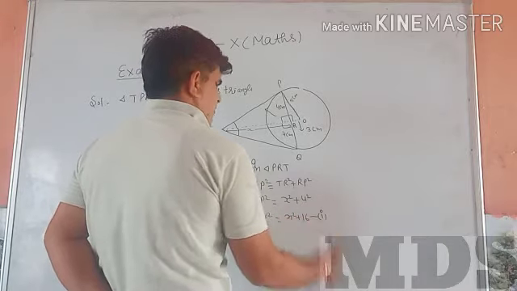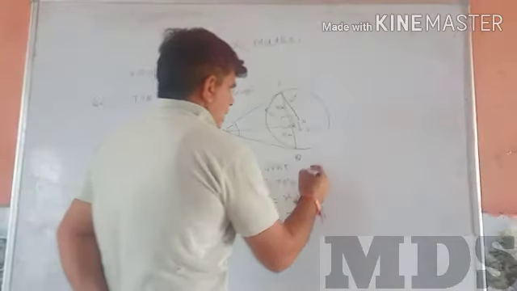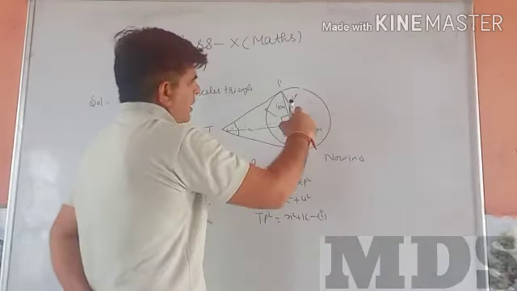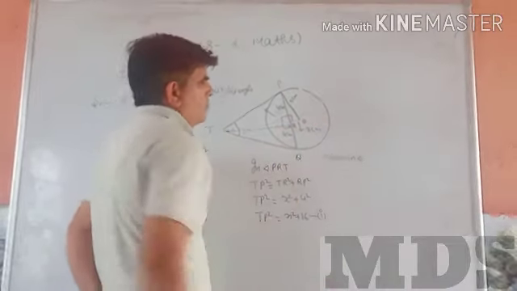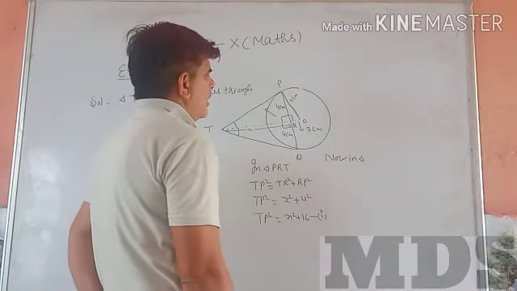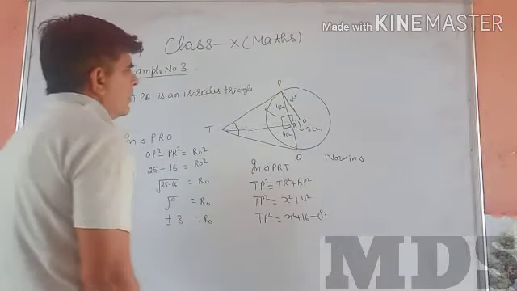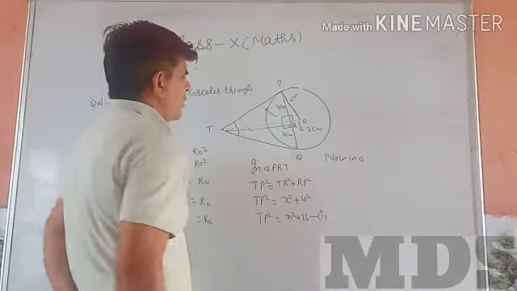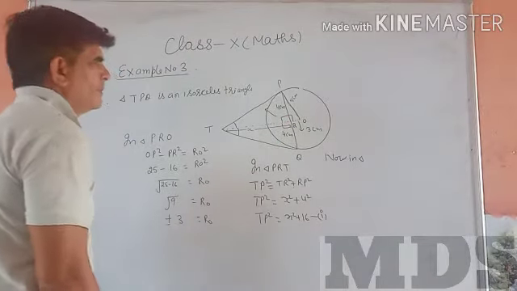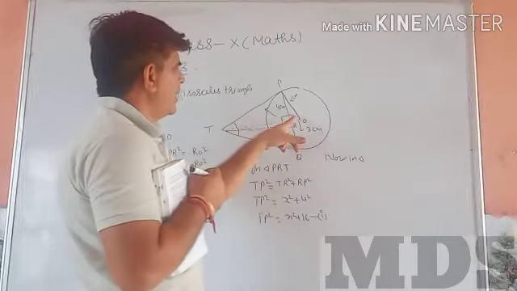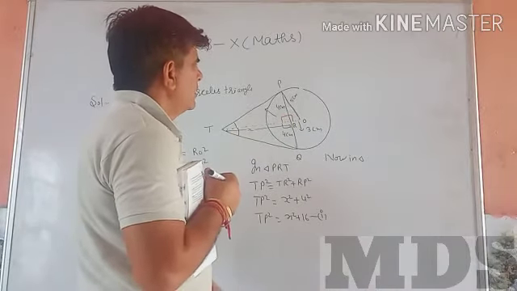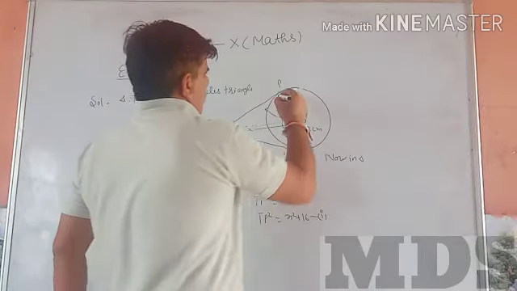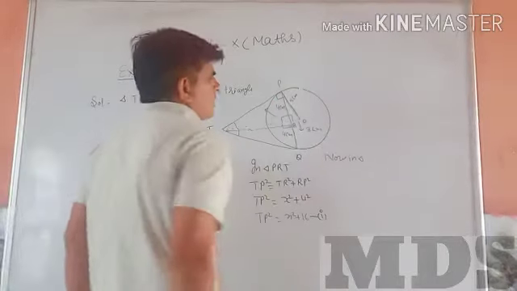This is your first. Now in which triangle? Triangle PRO was the first triangle taken. Now which triangle can you take? This angle is 90 degrees. This is 4. And the angle at the point of contact is how many degrees? 90 degrees.